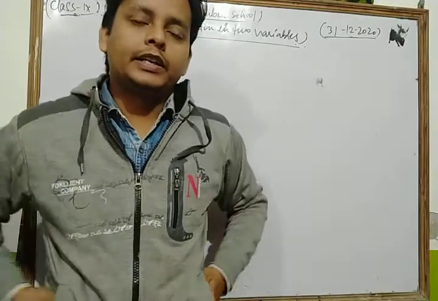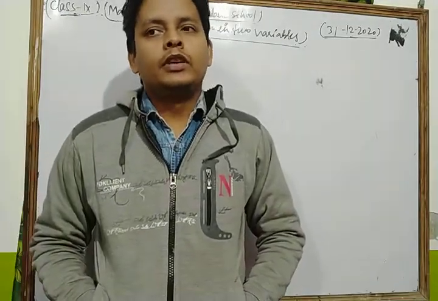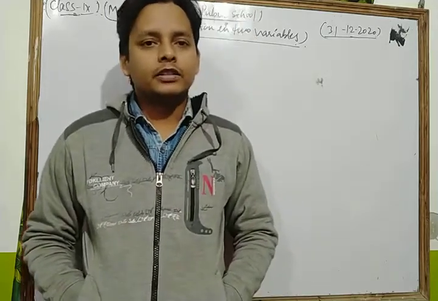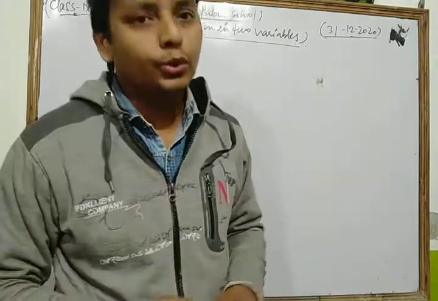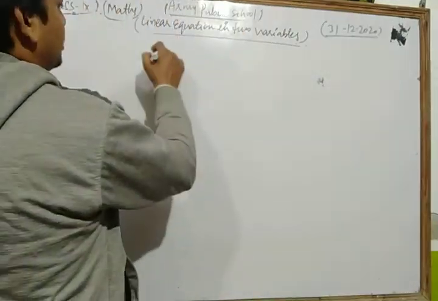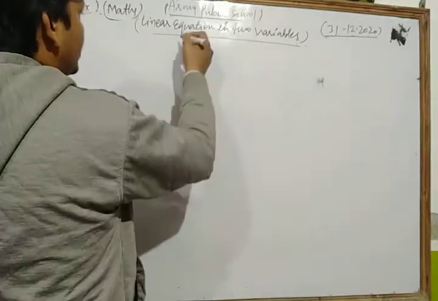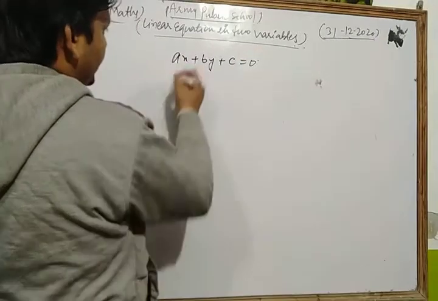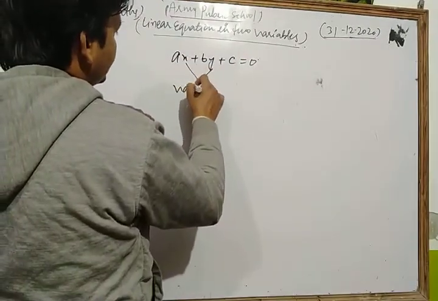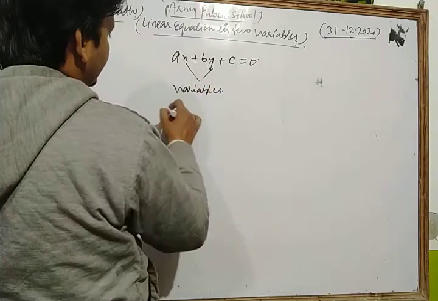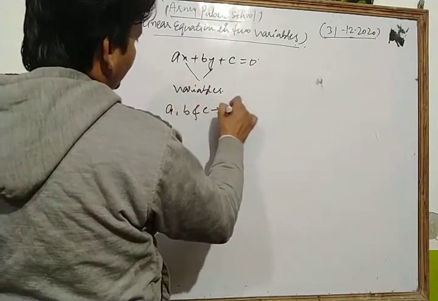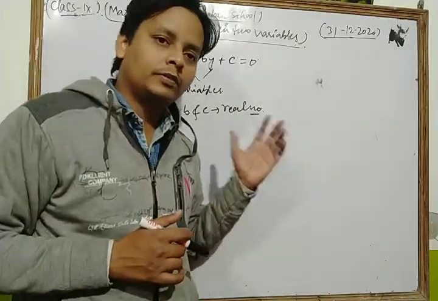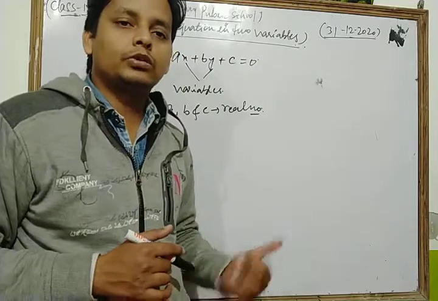In that chapter we discussed all the important topics. We already discussed the general form of the linear equation in two variables, which is ax plus by plus c is equal to 0, where x and y are two variables, and a, b and c are real numbers.